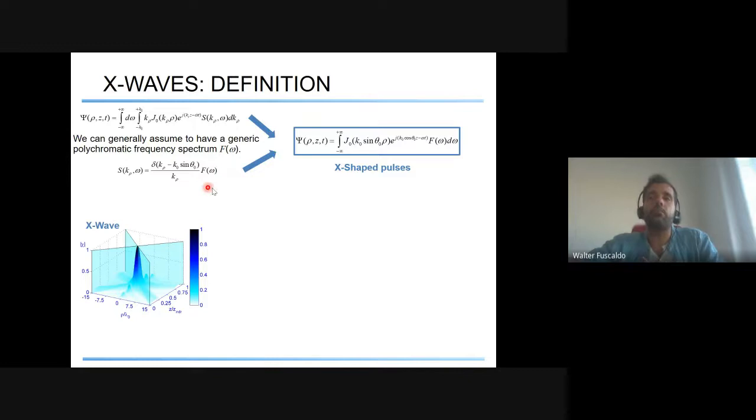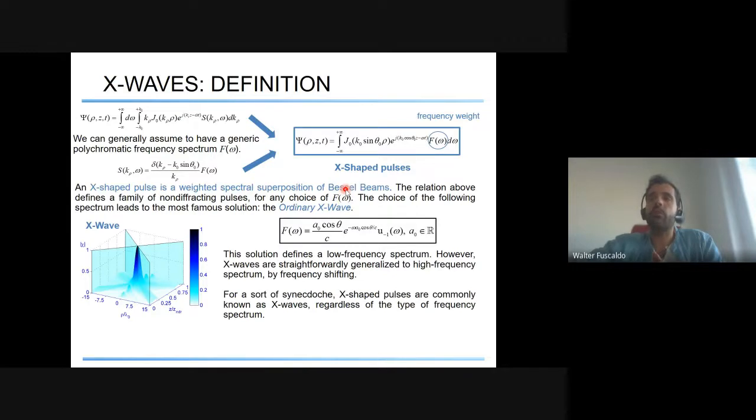Depending on the shape of this arbitrary frequency spectrum, we have different kinds of X-shaped pulses. This is the way we call a polychromatic version of a Bessel beam. When this arbitrary frequency spectrum has the expression reported here in this box, this is actually the correct definition of the ordinary X wave.